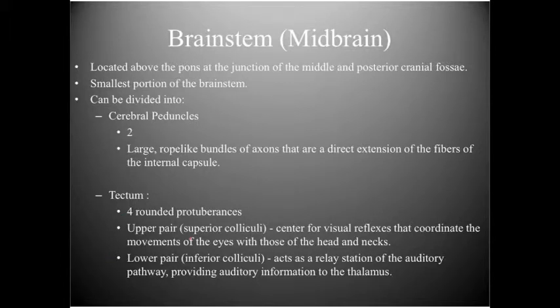So basically, the superior colliculi of the tectum are in charge of making the eyes coordinate their movement with the way the head is moving. The lower pair, or the inferior colliculi, act as a relay station for the auditory pathway, providing auditory information to the thalamus. So definitely know this point as well.